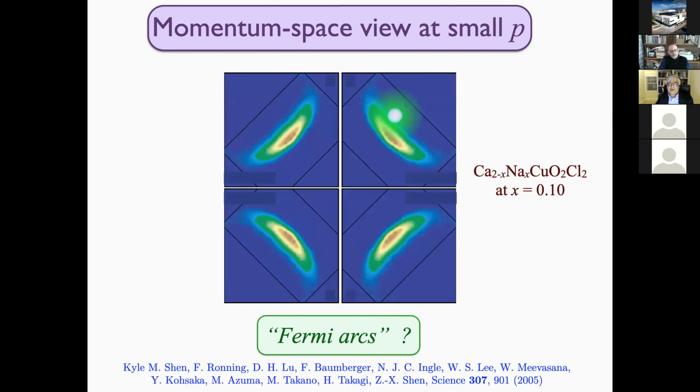However, when P becomes small, in the pseudo gap regime, we have no idea what this photo emission is saying, and there's still a lot of debate on what's going on here. And we have some guesses, but it's clearly not just free electrons.